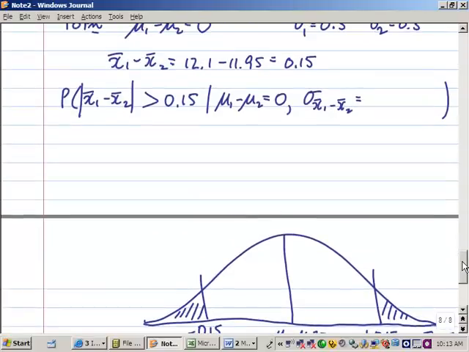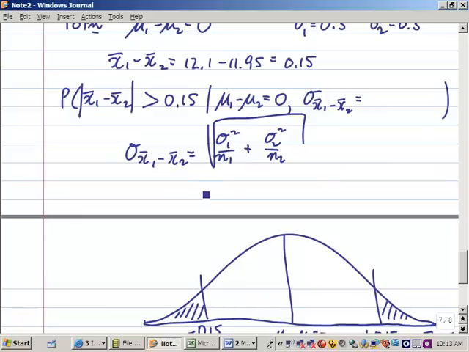So back to our calculations. We need the standard deviation sigma sub x bar 1 minus x bar 2 first. So square root of sigma 1 squared on n1, plus sigma 2 squared on n2. Alright, so sigma 1 was 0.3 squared divided by a sample size of 50, and sigma 2 is the same in this case.